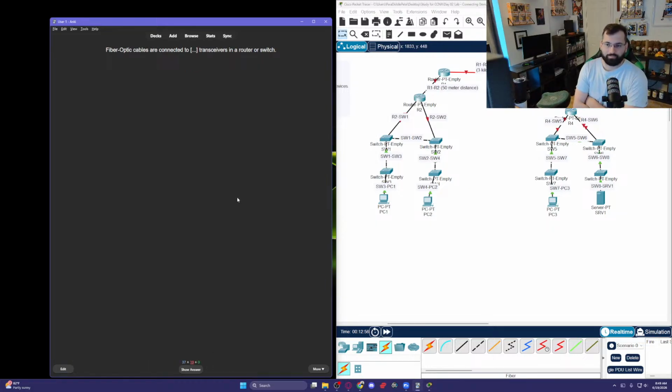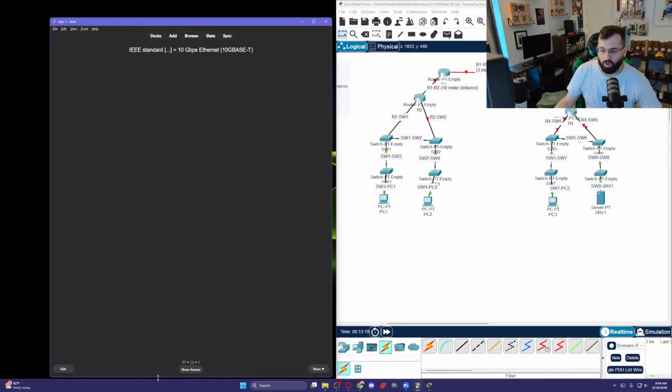Okay. Fiber optic cables are connected to blank transceivers in a router or switch. Small form factor pluggable. Yeah, small form factor, SFP.